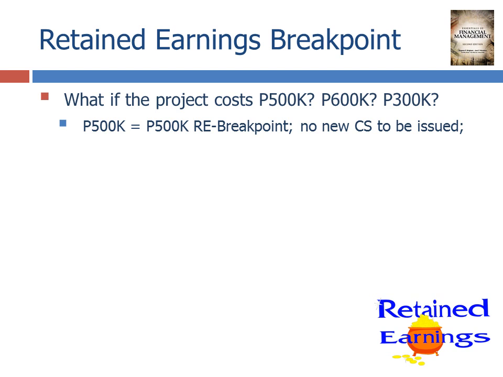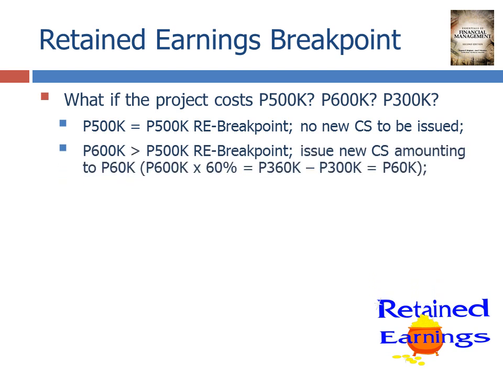Now, what if the capital budget is 600,000? Since it's more than the 500,000 breakpoint, meaning for this project, we need to issue new common stock. But how do we compute, or how do we prove that there is a need to issue new common stock?